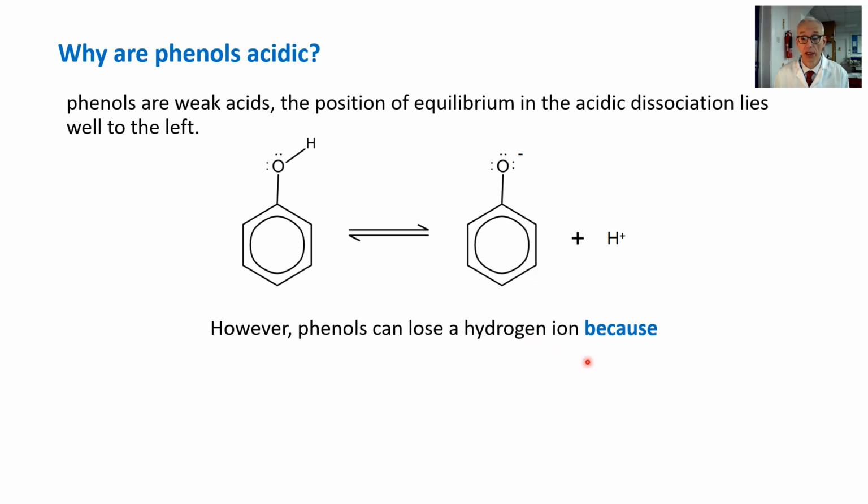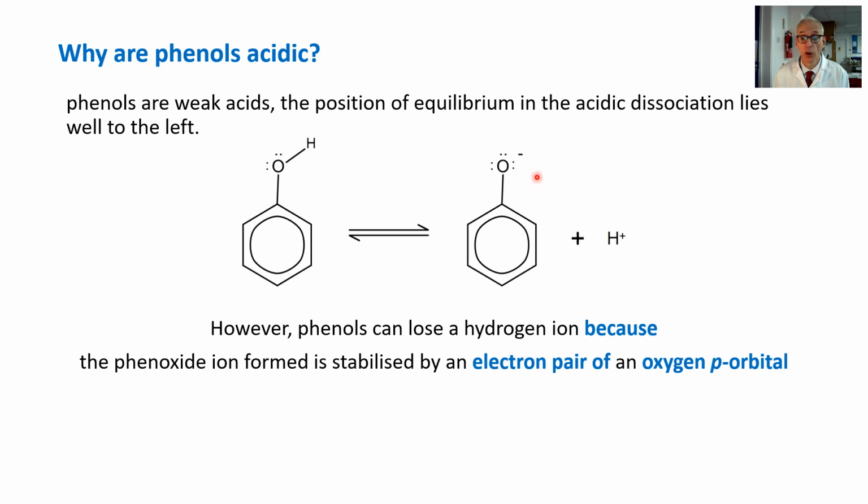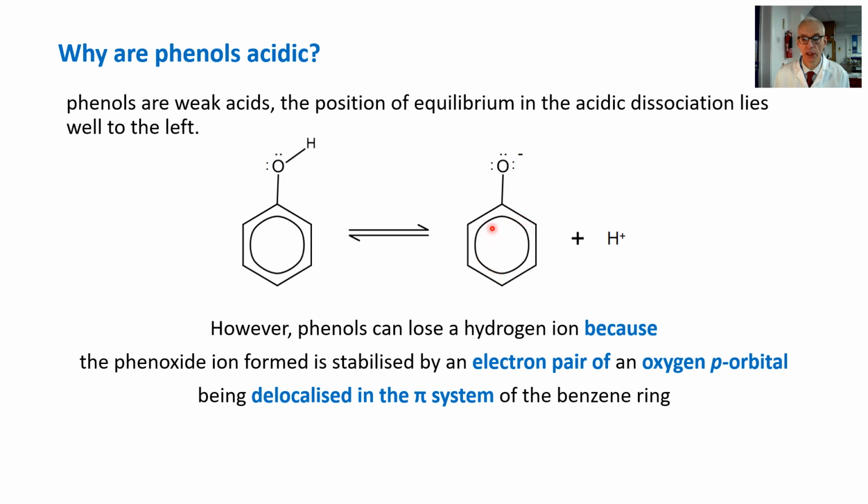Okay, so the phenoxide ion formed here has an electron pair, which I've indicated by 3 pairs of dots, on the oxygen atom. Those electron pairs are in a p orbital. They are able to overlap with the overlapping p orbital system of the benzene ring.